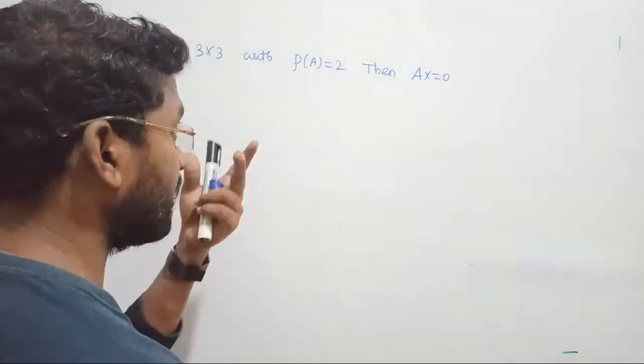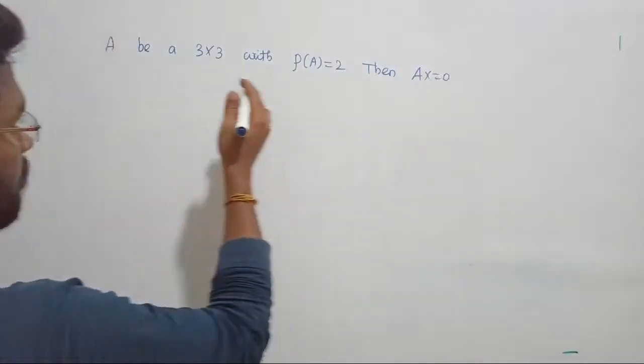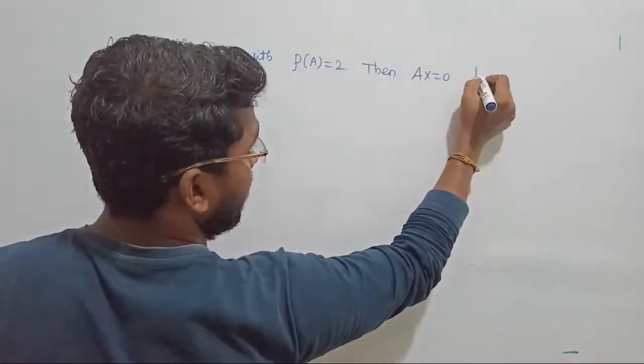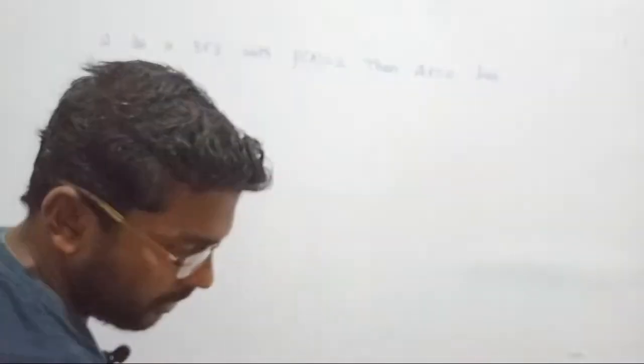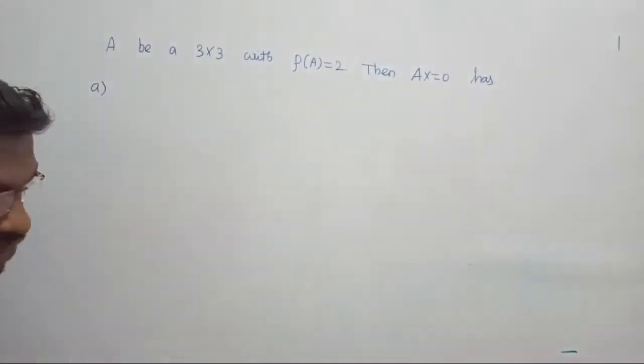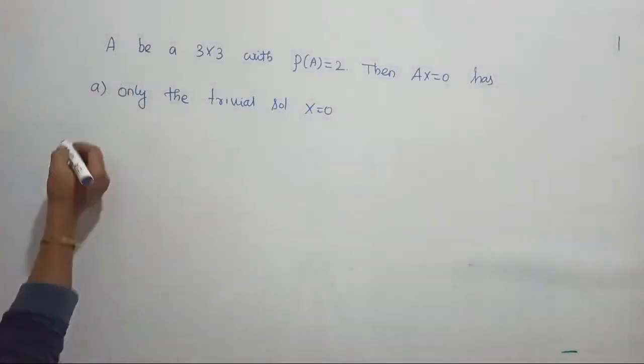They have given 4 options. Option A: only the trivial solution, where x equal to 0, that is x equal to 0.